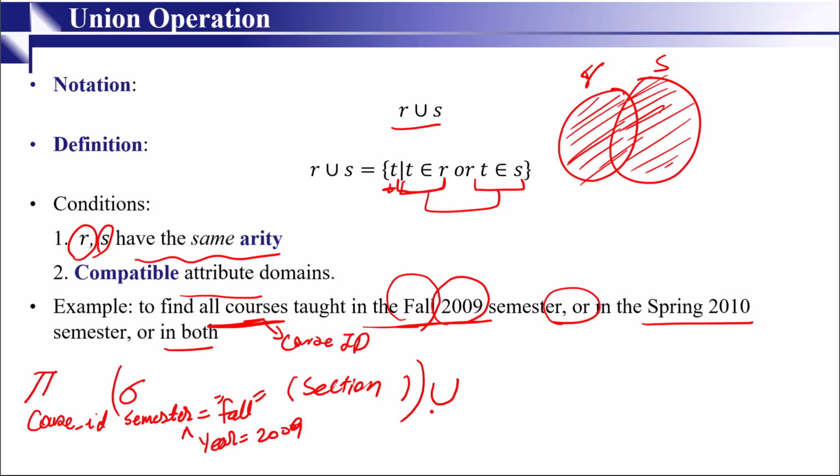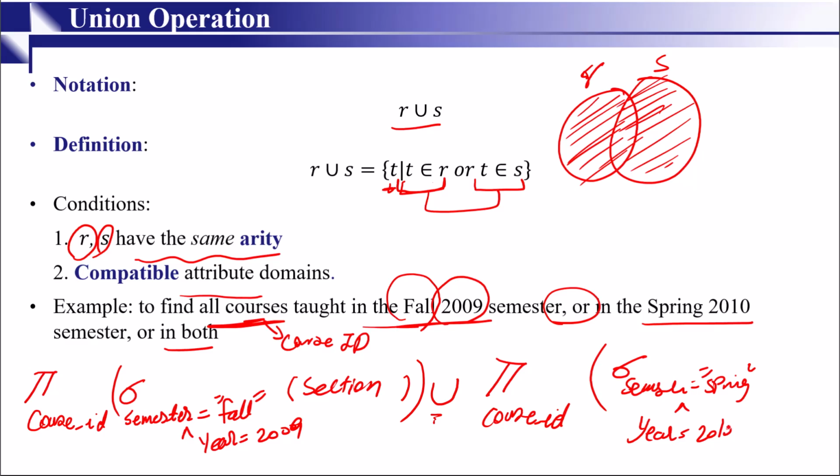Then it says or, so this is a union, the same thing here. So we say pi course ID, then again selection of semester, this time equal to spring, and year equal to 2010, from section. In this way, we can write this query.